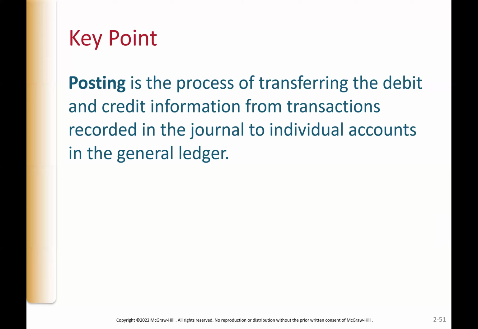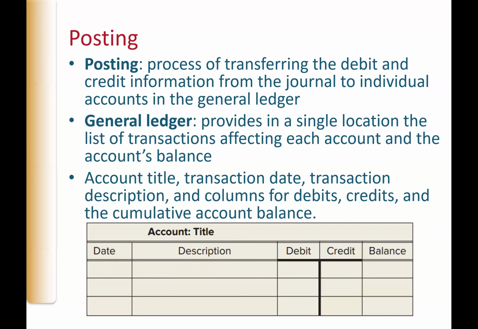I had to post these transactions directly to them. Nuts. I know it sounds crazy, back in '82. So we transfer the debits and the credits from the journal to individual accounts in the general ledger. Now, it's the general ledger that shows in software or on paper each account and what the account balance is.